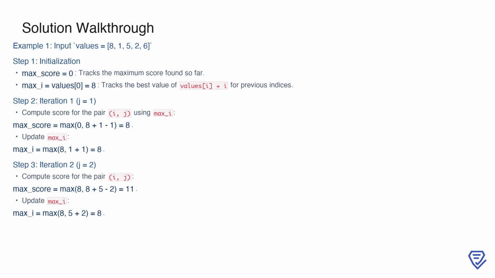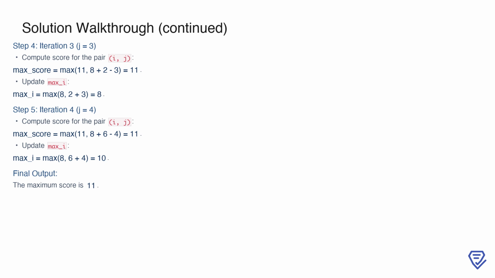Now moving to the second iteration, where j equals 2, we again calculate the score for the pair. This gives max_score = max(8, 8 + 5 - 2), which evaluates to 11. The max_i remains unchanged because max(8, 5 + 2) is still 8. In the third iteration, where j equals 3, we calculate the score for the pair (i, j).